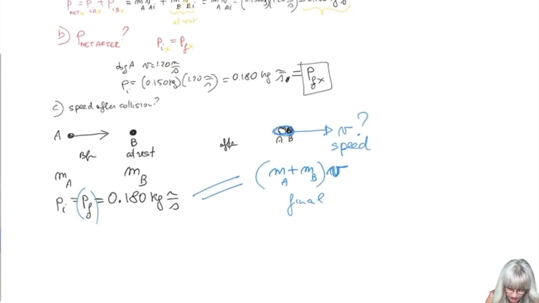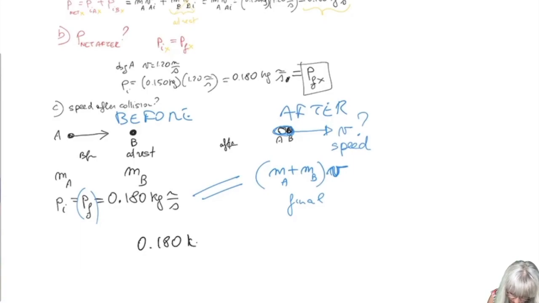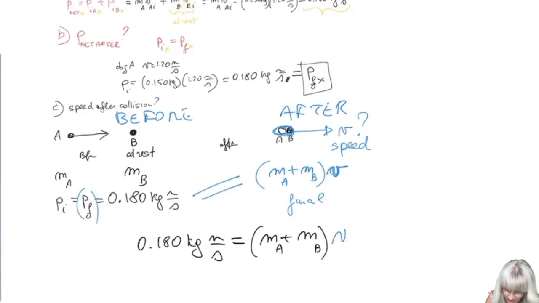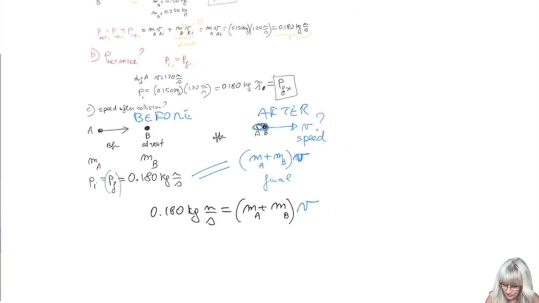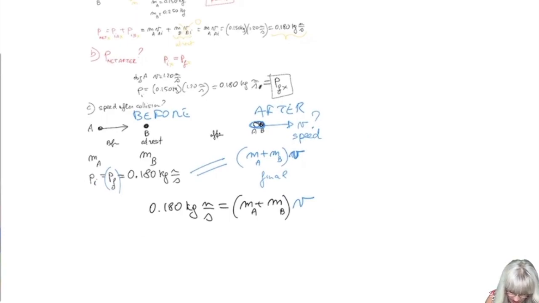This will be the final between the two, but now there is a situation before and then after the collision, so they have to be equal. What does it mean? In mathematical terms, written a little bit better, it equals mass of A plus mass of B multiplied by V, that is the one I want to solve. So as you can see, my V comes out from this equation.